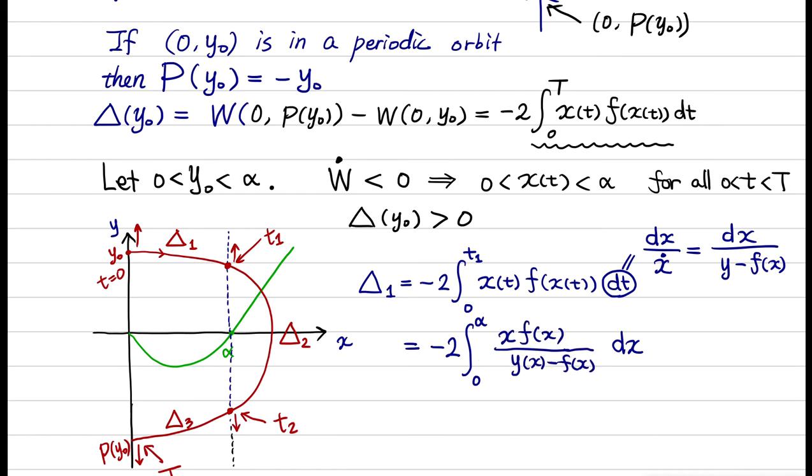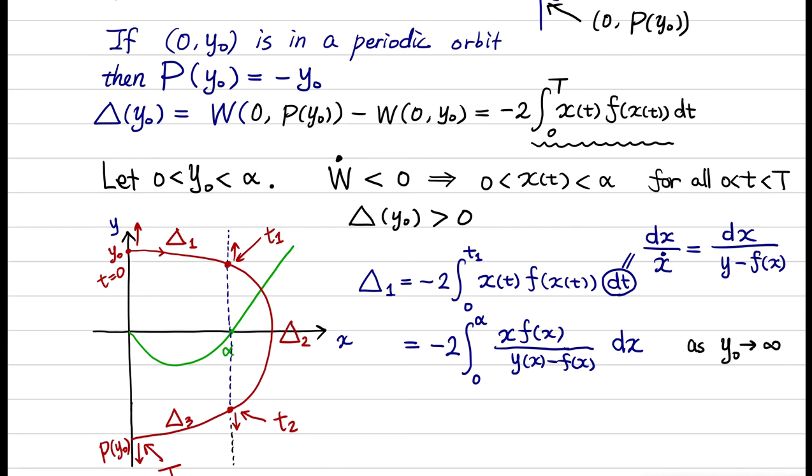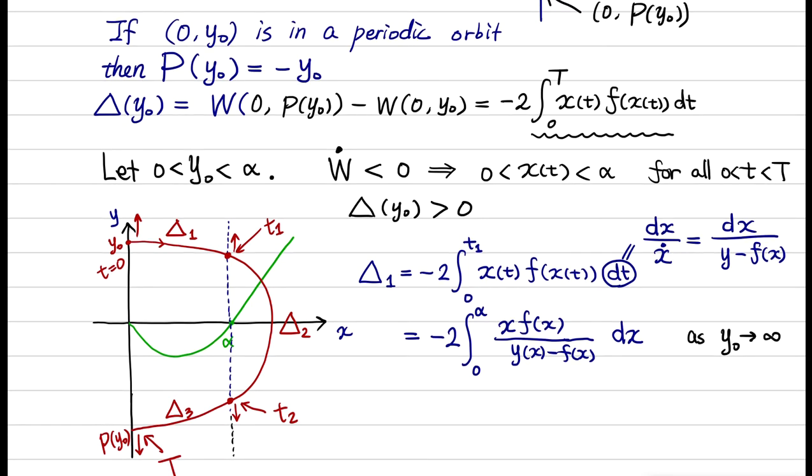In this integral, now we want to change y naught as y naught grows to infinity. We know that this part of the graph between 0 to alpha is growing. So y of x, this is growing. This is going to infinity. And therefore, y minus f, which was positive from the graph, you can see that y minus f is positive, but it's also growing. It's only increasing.